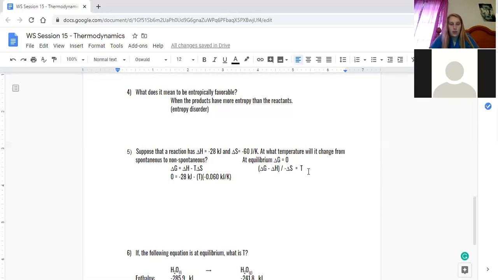So then if you do it that way, you end up with, at this point, delta G, so 0, minus delta H, which is your negative 28 kilojoules, divided by negative delta S. So our negatives are going to cancel out, and we're just going to end up with 0.060 kilojoules per Kelvin.